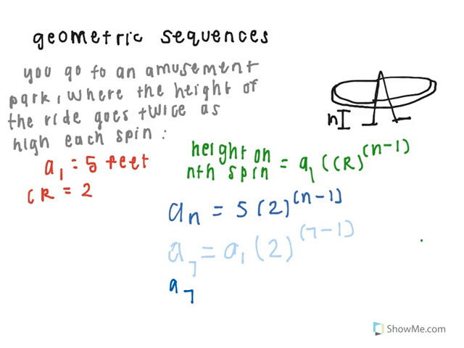Simplified, that would be a sub 7 equals 5 times 2 to the 6th power, and that would equal 320 feet. So from this, we know that on the 7th spin of the amusement park ride, the height would be 320 feet. Thank you for listening to my presentation about geometric sequences.